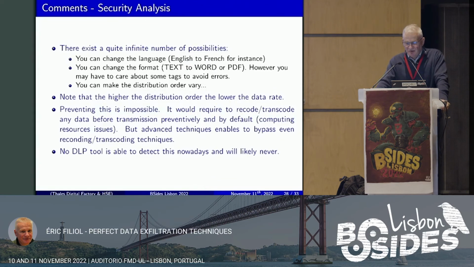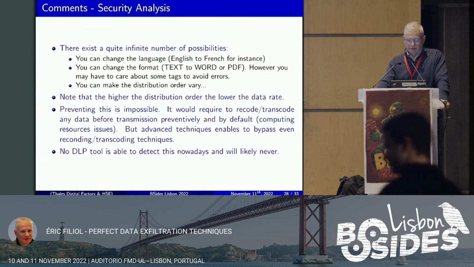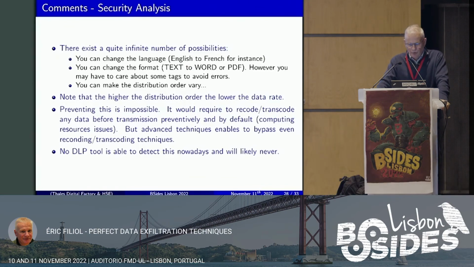So we have to be very careful about data exfiltration because we must not trust DLP that much. I do not say that you should not use DLP, because it's like antivirus software. It is useful for many attacks, but for targeted attacks, for very critical environments, DLP is just a false sense of security.